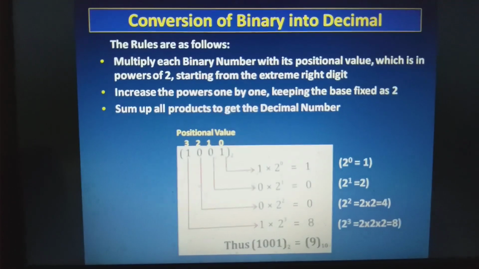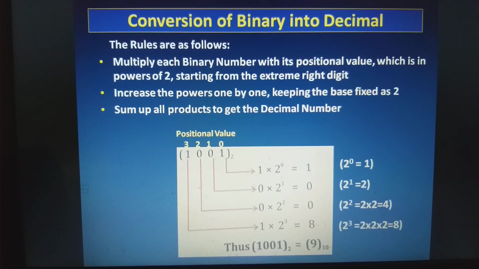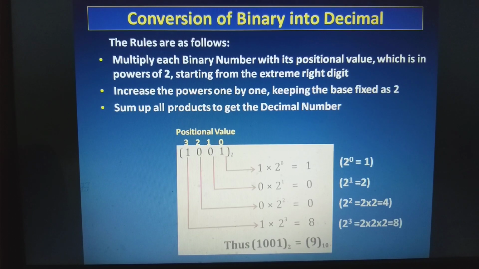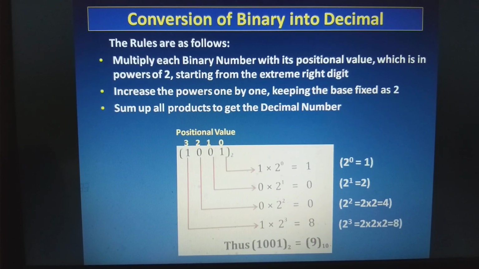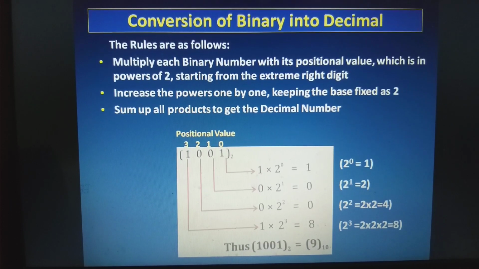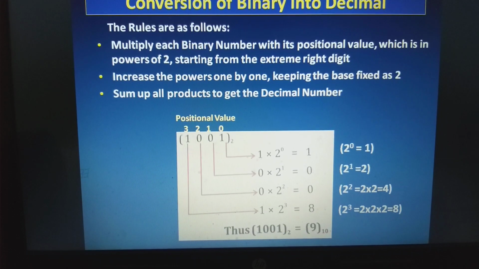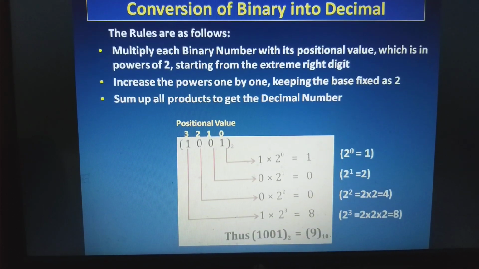In our previous slide, we saw how to convert a decimal number into its binary equivalent. Now, we will convert a binary number into a decimal number. The rules of conversion are as follows. Multiply each binary digit with its positional value, which is in powers of 2, starting from the extreme right digit.